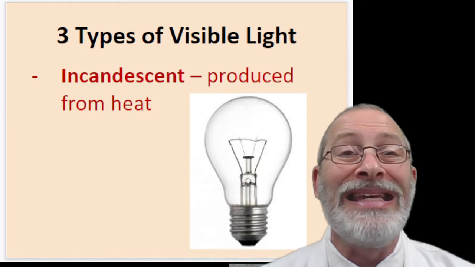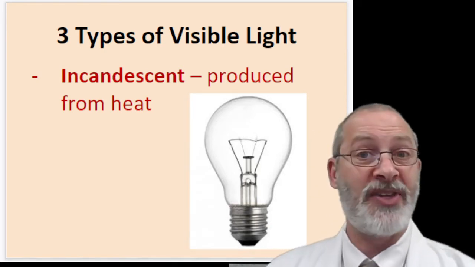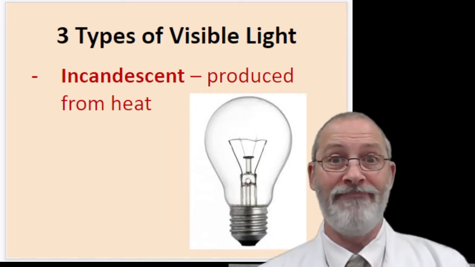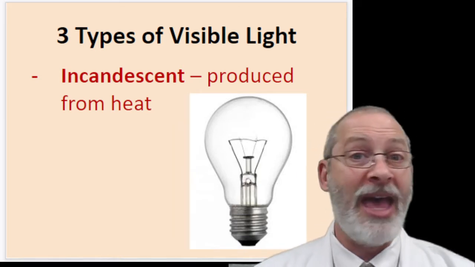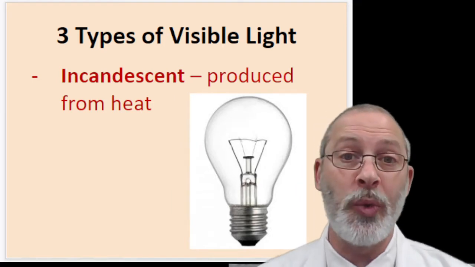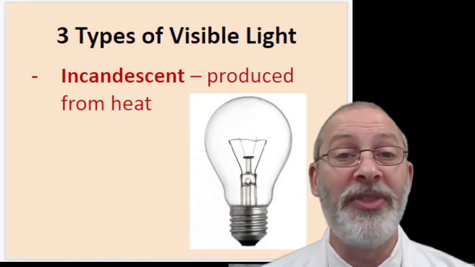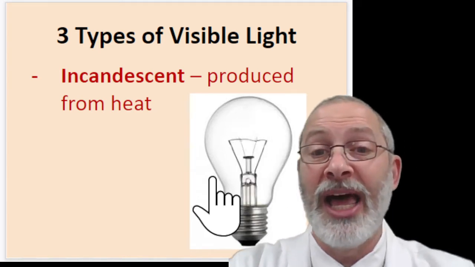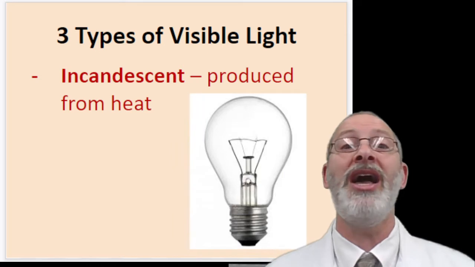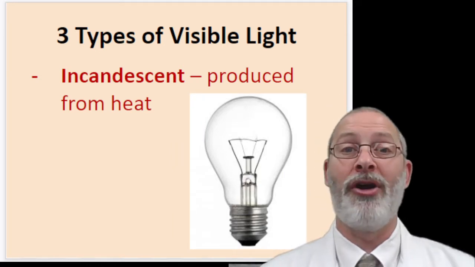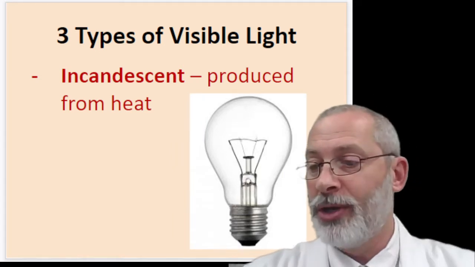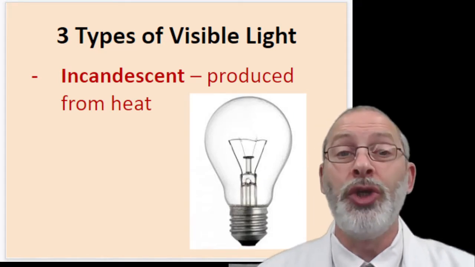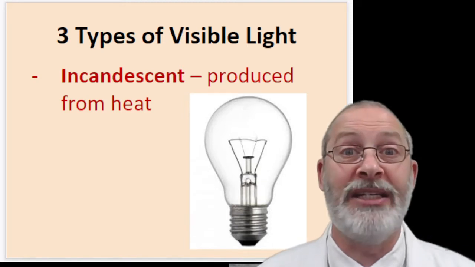First one is incandescent. Thomas Edison, who did a lot of his work in New Jersey, in fact, the Edison Labs here in New Jersey is where Thomas Edison developed the filament, the wire inside the incandescent light bulb, which revolutionized the world as far as doing work at night, because his light bulb made it economical and feasible to illuminate the darkness of nighttime.